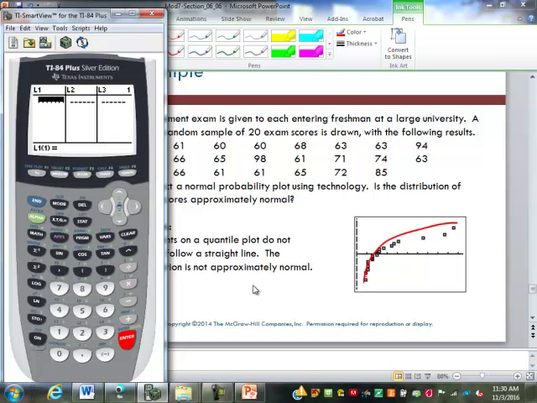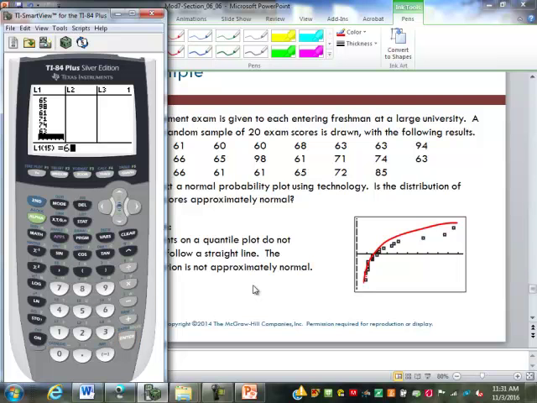So I'm going to enter 61, 60, 60, 68, 63, 63, 94, 66, 65, 98, 61, 71, 74, 63. It looks like I got 14 values in there so far.